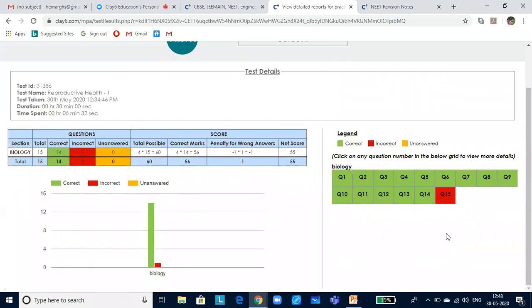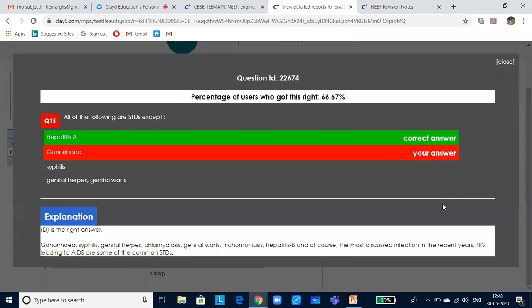So the 15th question, I think it is, gonorrhea, hepatitis A is the correct answer. That is where I had clicked, but it has taken gonorrhea. I do not know. Actually, hepatitis A is the right answer.